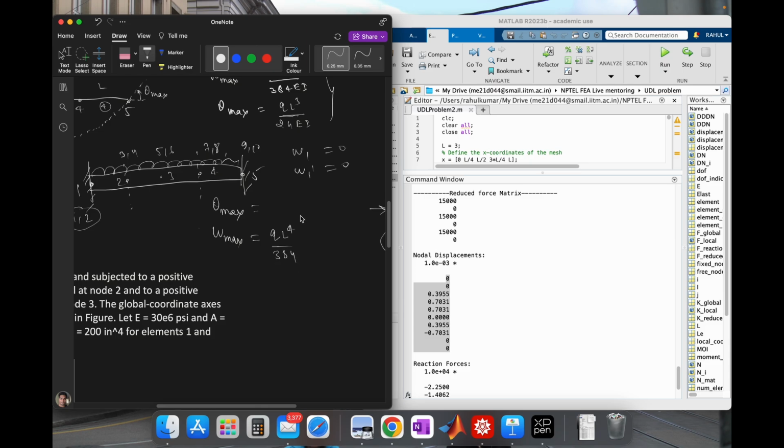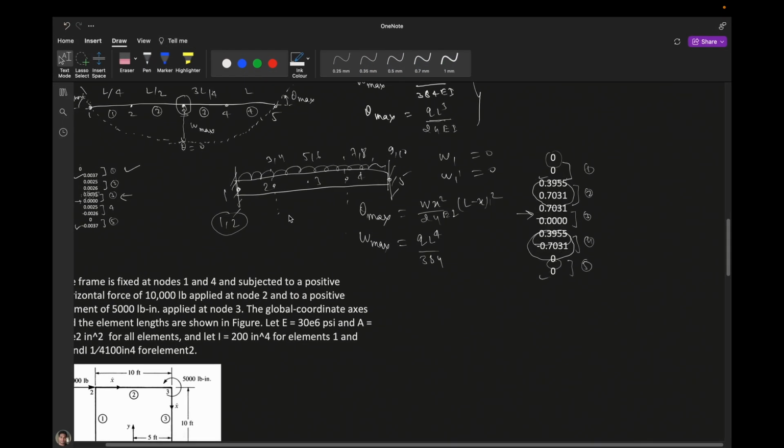And the slope is W x square divided by 24 EI into (L minus x) raised to the power 2. Since it is not at the midpoint, it is shown in terms of x.